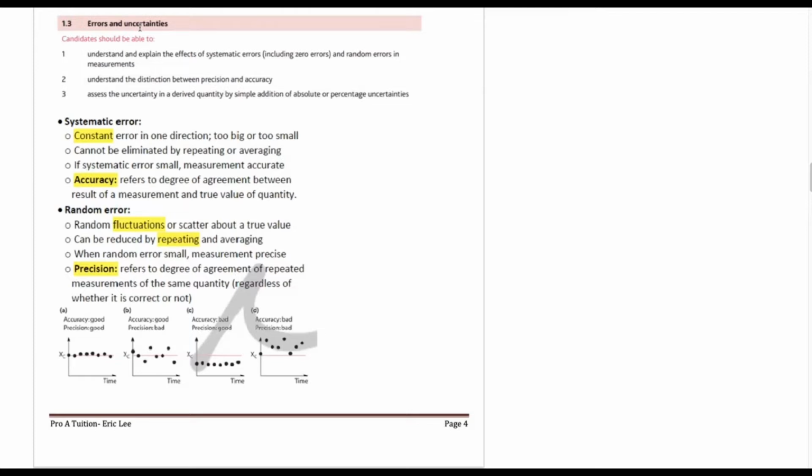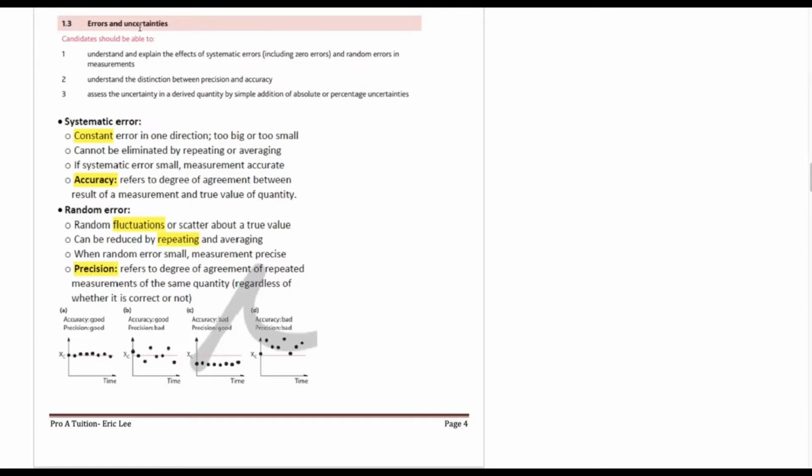Okay, so for example, zero error. Zero error is the systematic error. Zero error is where you are not measuring anything, but it shows a reading.